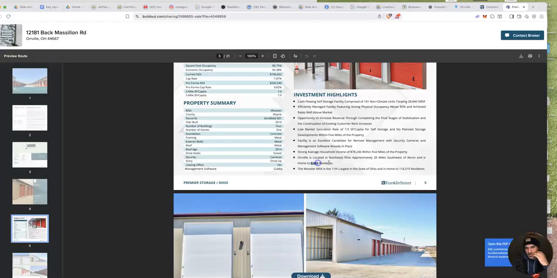This number right here, again, if I'm acting like this is a market we'd play in. However, looking at that, that's typically not a very strong population density for any type of expansion, or really just to keep your facility full and drive rates. So that would be a concern.